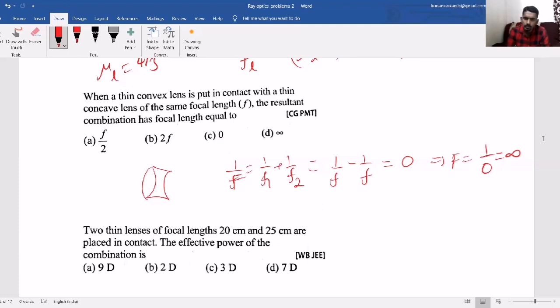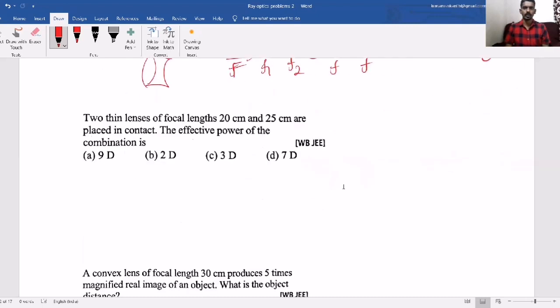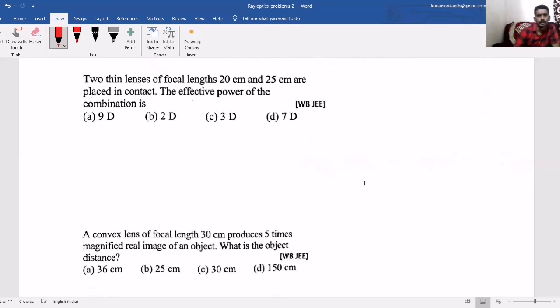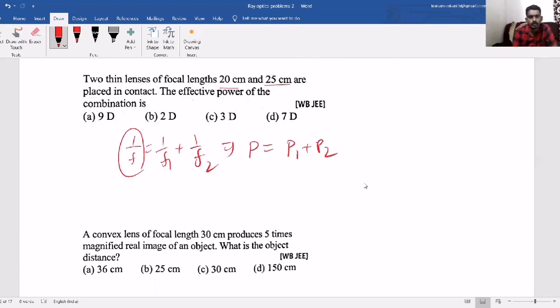So you just use the formula for the effective focal length when the lenses are kept in contact. Now, similarly, one more question I have taken. Two thin lenses of focal length 20 centimeter and 25 centimeter are placed in contact. The effective power of the combination is, see, 1 by F equal to 1 by F1 plus 1 by F2, where 1 by F is the effective power, equal to P1 plus P2.